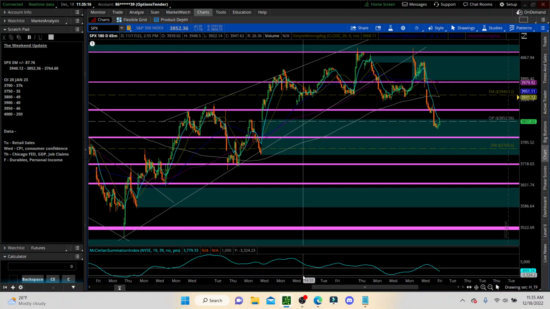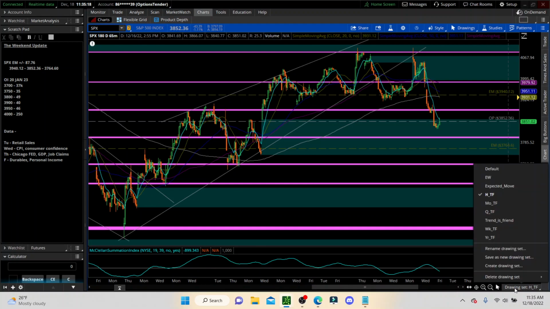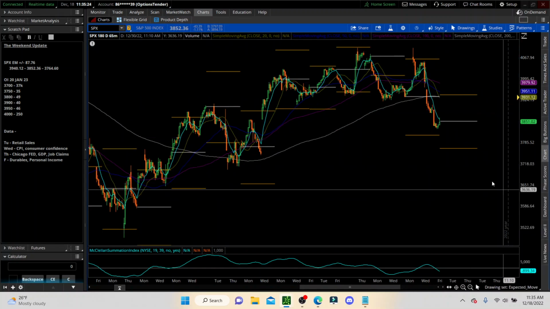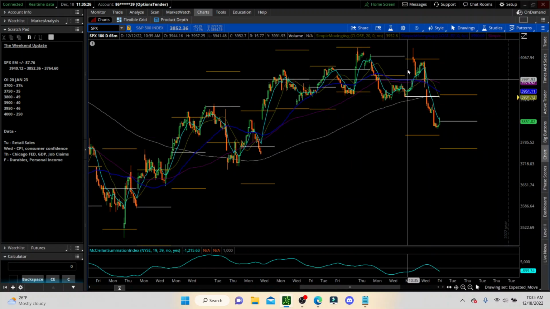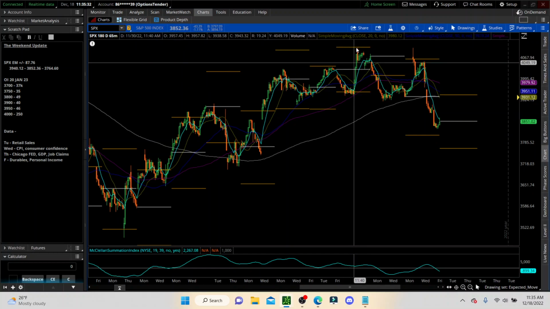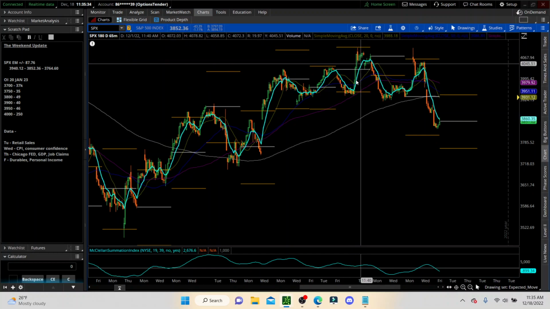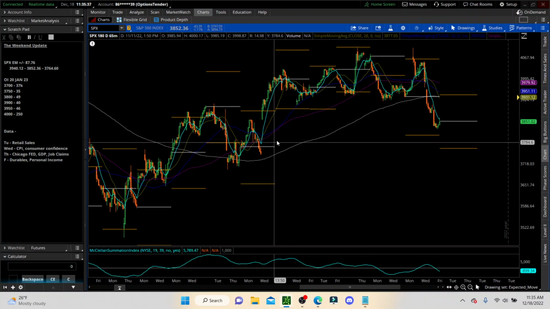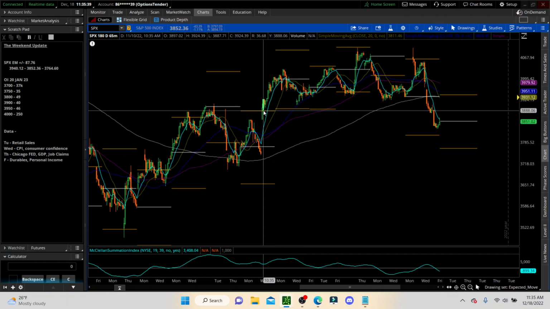The market's been pretty inefficient with the options expected move. But the market's been, look, right from the bottom straight to the top. So I can't say the efficiency is way off until you really start breaking through the expected move and rip through it.